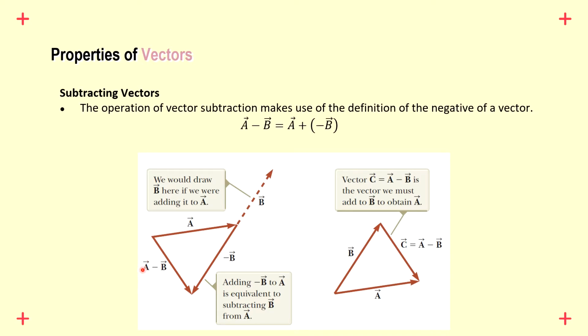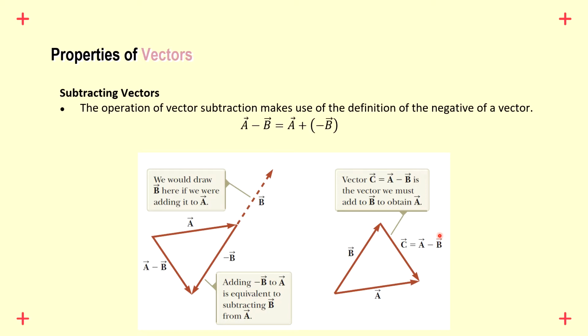Another approach for subtracting vectors is in this second figure. Vector C is equal to A minus B, the vector we must add to B to obtain A. With simple algebraic manipulation, we eliminate the negative by transposing B to the other side of the equation.